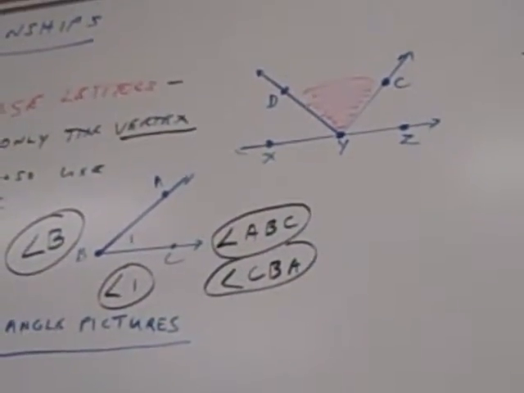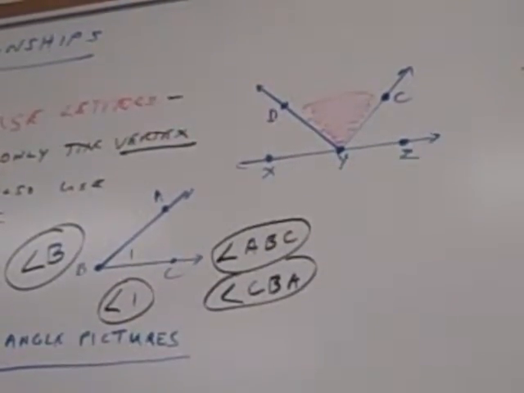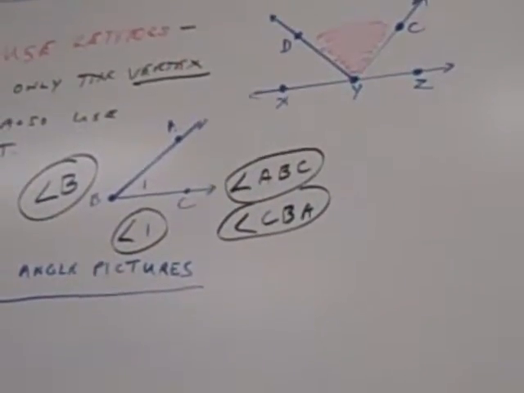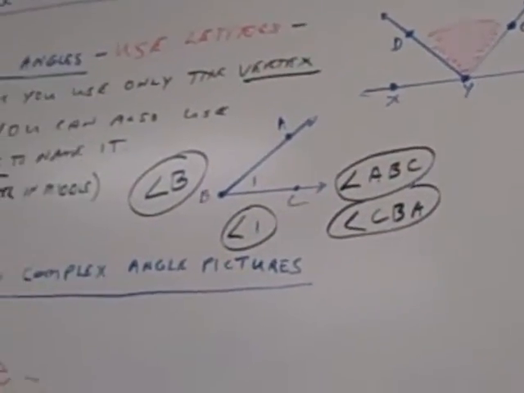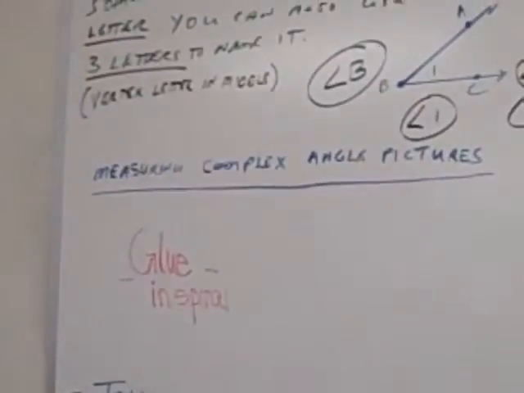How many angles do you see in there, Stephen? 3, okay. Does anybody see more than 3? I see 4. He sees 4. How many do you see? 5. He sees 5.